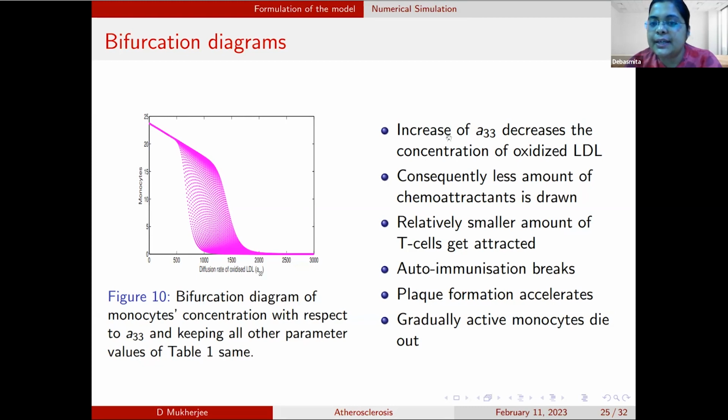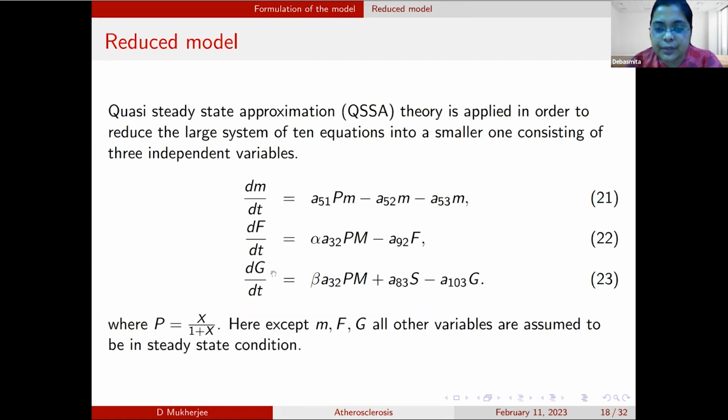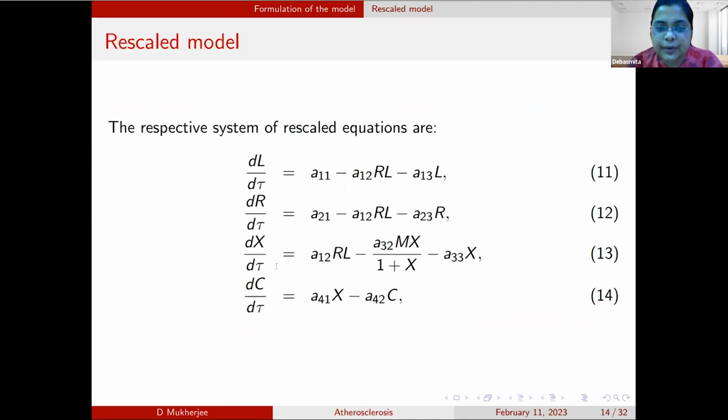It suggests that an increase of A33 will decrease the concentration of oxidized LDL, and consequently less chemoattractant will be drawn. Let me just show you where A33 was in the model. A33 was here in the original model. A33 was the degradation rate of oxidized LDL.